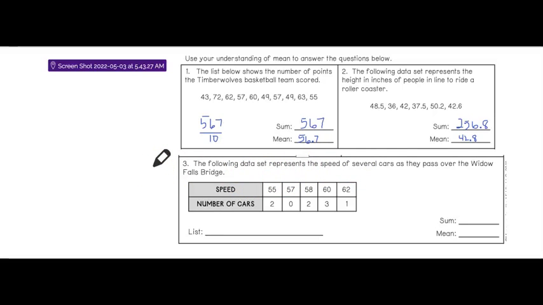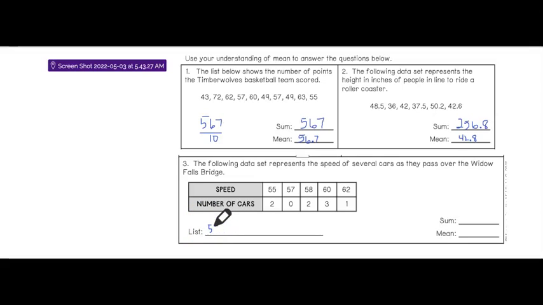The following data set represents the speed of several cars as they pass over the Widow Falls Bridge. This one is a little bit different because we've got to order these. If you see 55, that means there are 2 cars going 55. We have to list these so they make more sense.